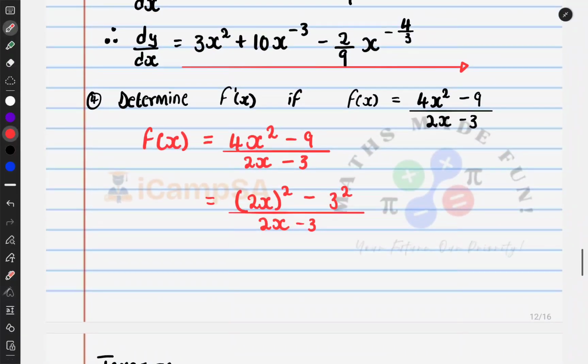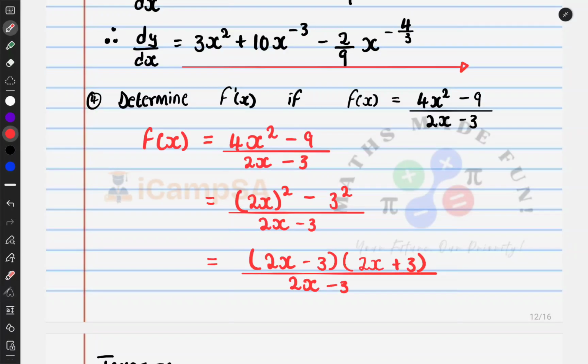We're going to have 2x minus 3 times 2x plus 3, over 2x minus 3.